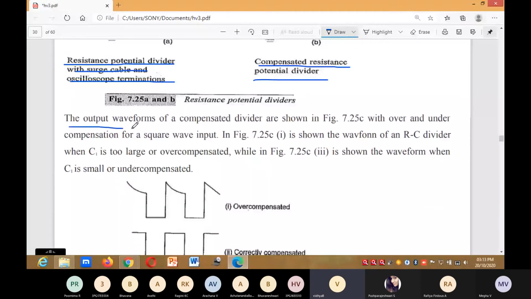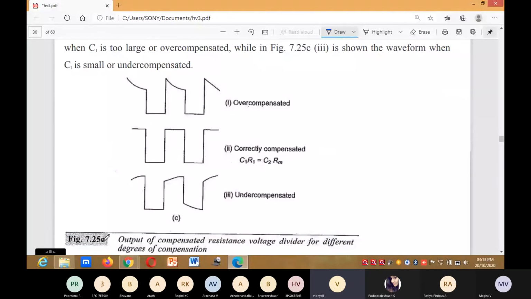The output waveforms of compensated divider, here it is 7.25, output of compensated resistance voltage divider for different degrees of compensation. This is under-compensated, correctly compensated, that is C1 R1 is equal to C2 Rm, and this is overcompensated.